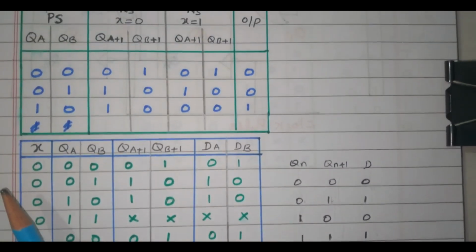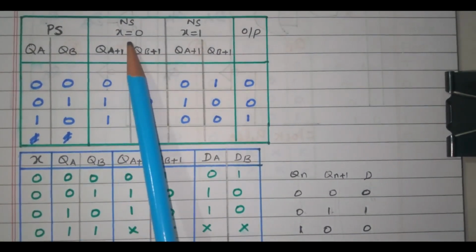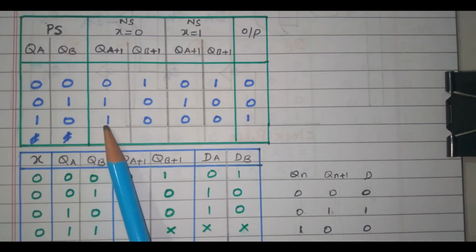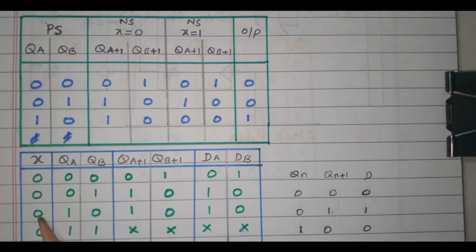Similarly, 1 0 to 1 0, the corresponding input is 0. Then 1 1 is not available, so it is not considered and marked x. For that, the input is taken as x.